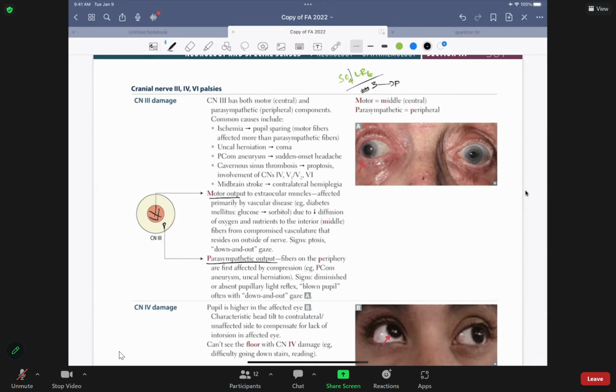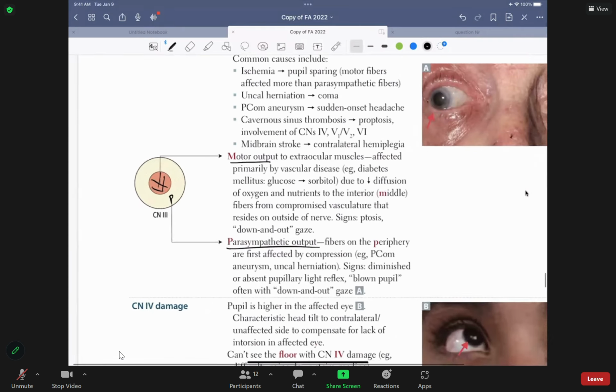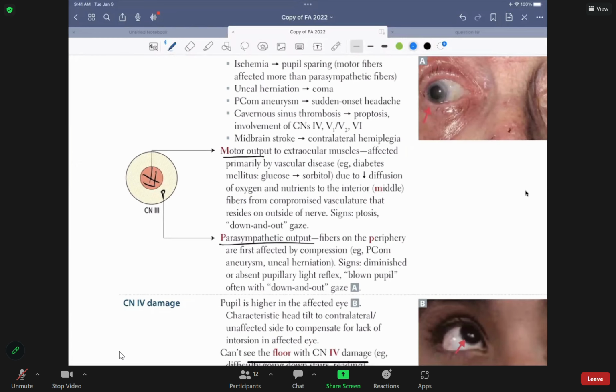Now, when you come to a lesion of cranial nerve number 3, there are 2 types of lesions. There is something compressing from outside. Imagine something compresses cranial nerve number 3 from outside. Which fiber do you think will be affected first?